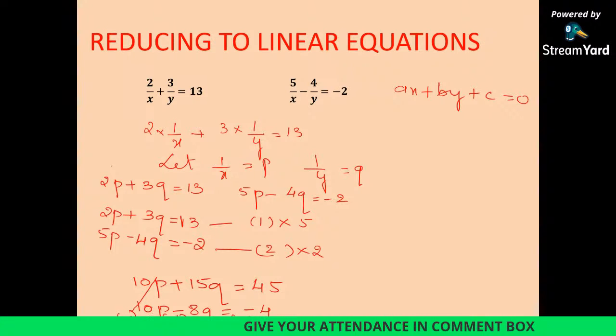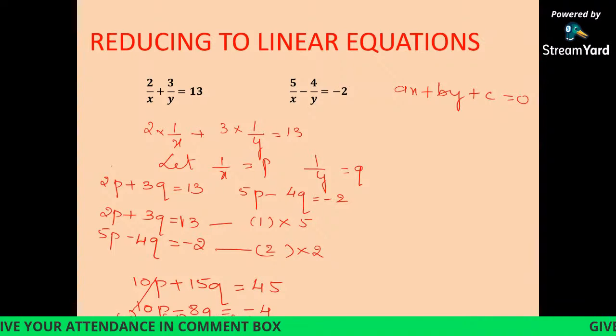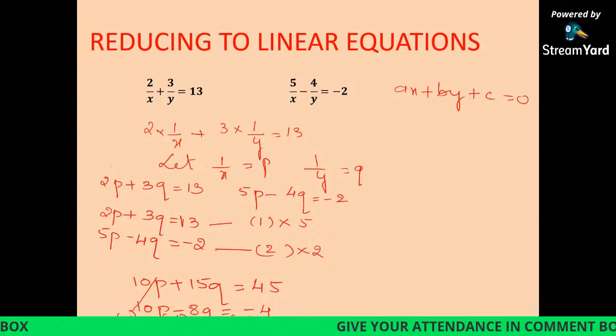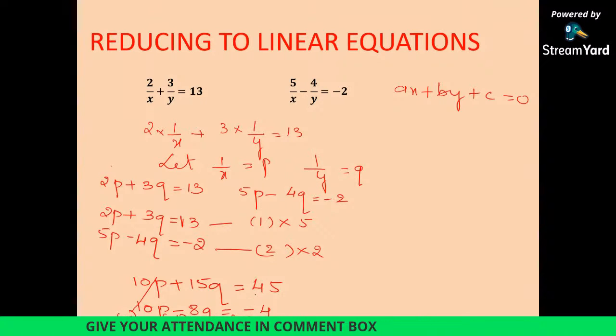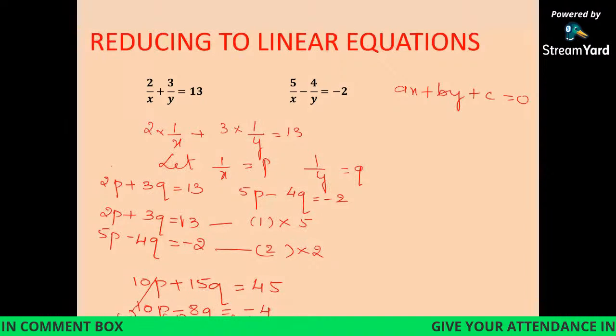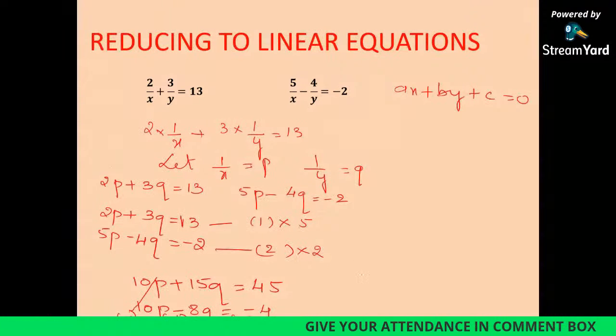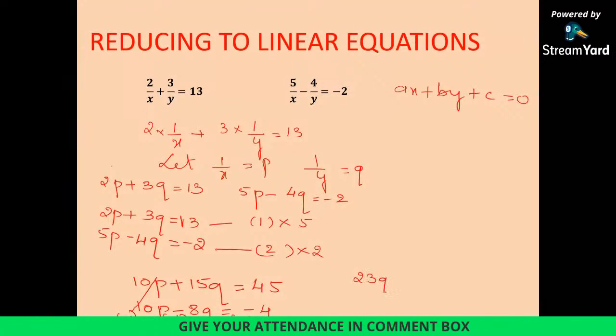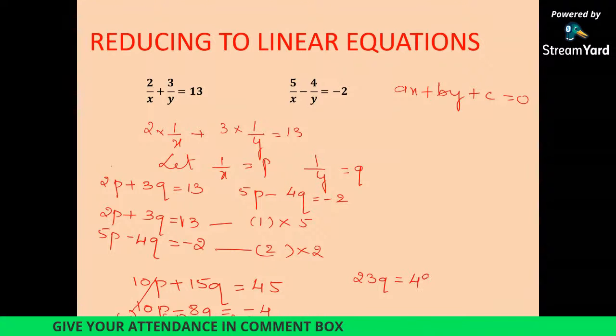Positive 10p and negative 10p get cancelled. 15q plus 8q will be 23q is equal to 45 plus 4, which is 49. We got the answer. 23q is equal to 49. Is it right?